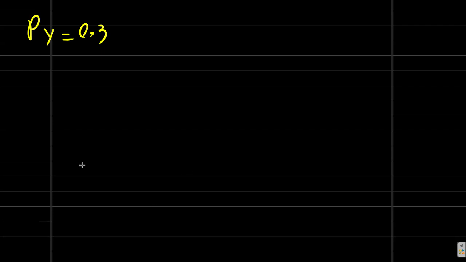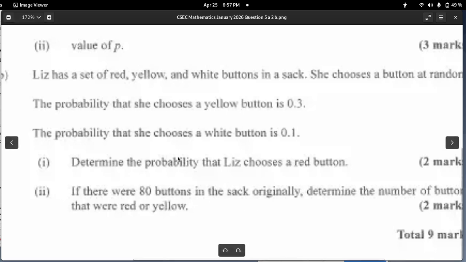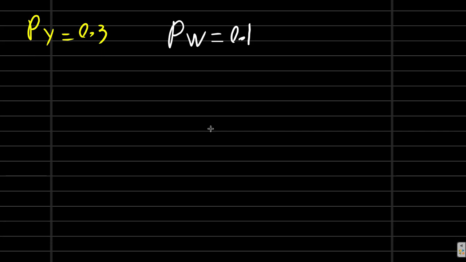So, the probability that a white is chosen is 0.1. Y for yellow, W for white. And then the probability, what's the probability that Liz chooses a red button? So you're finding the probability that she chooses a red button.